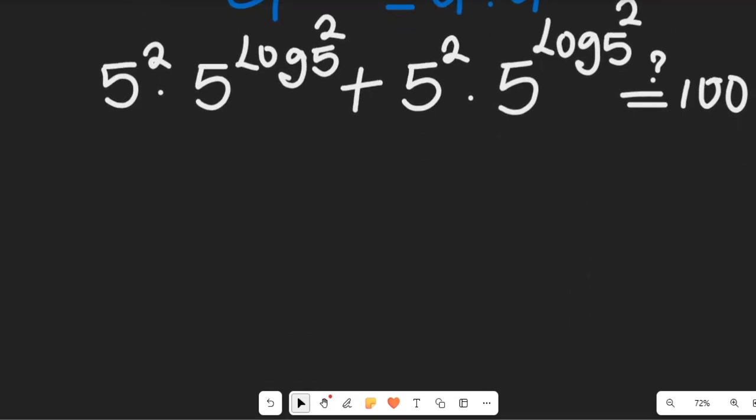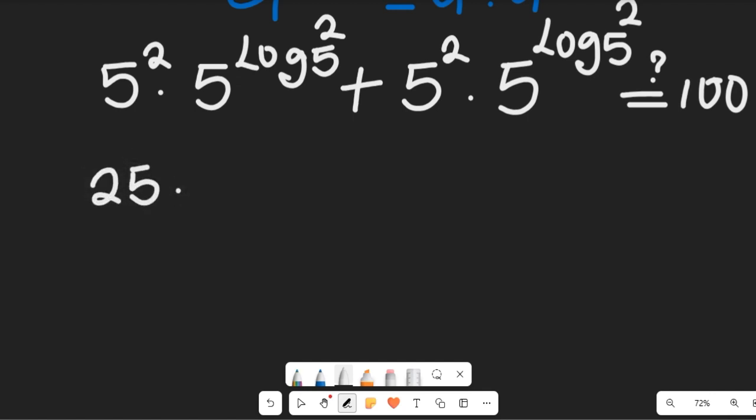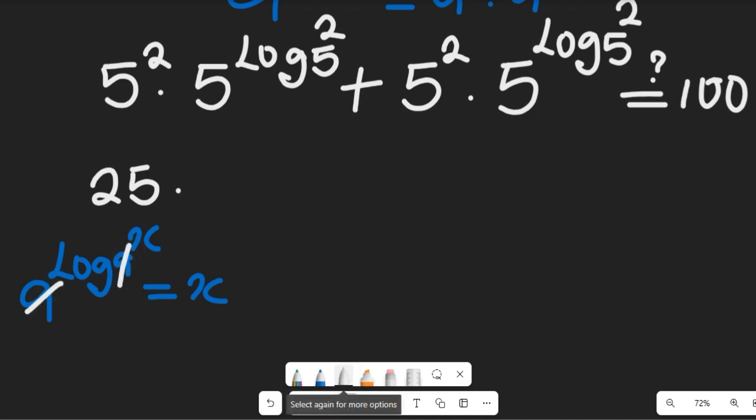If we check that out, 5 to the power of 2 is going to give us 25 multiplied by, recall one law of indices, that if you have a to the power of log of x base a, this can be equal to x, because a can cancel out a, and then your result will be x.